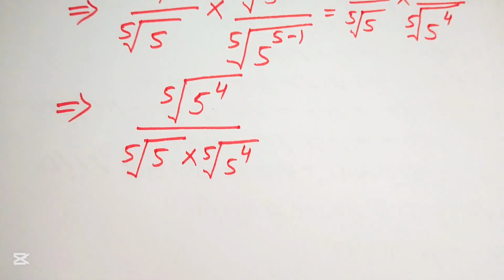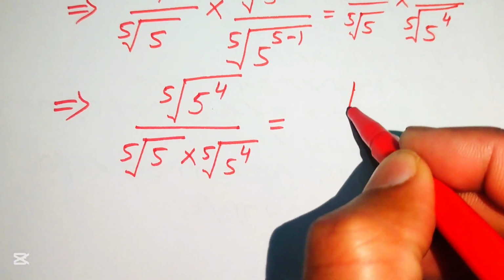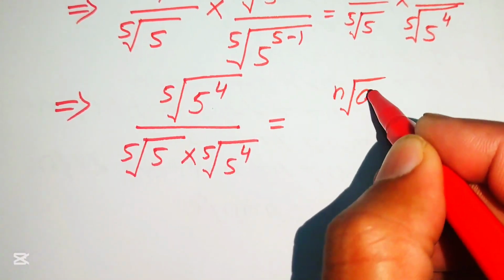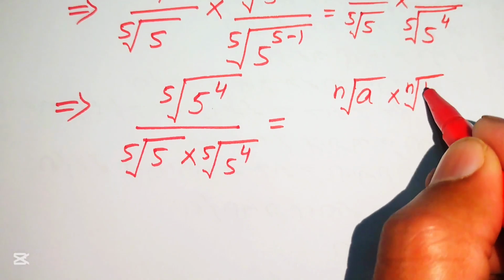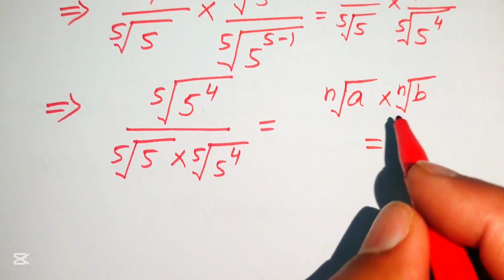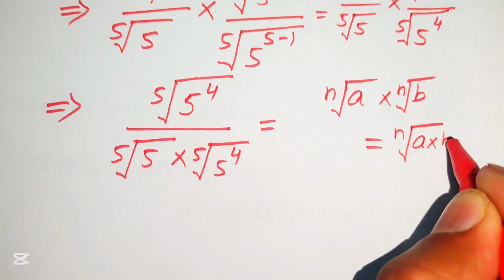In the next step we need more simplification, and we apply this exponent law. If you have the nth root of a multiplied by the nth root of b, we write it as the nth root of a multiplied by b.